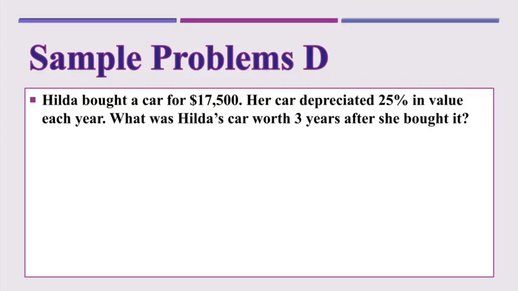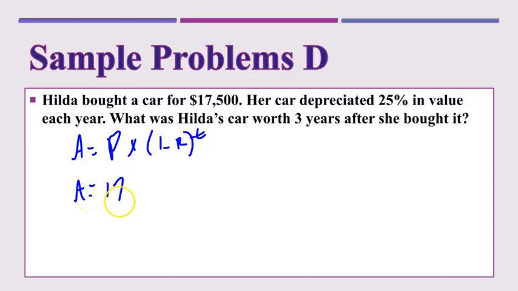So we're going to do the value equaling the principal amount, so the amount she bought it for, times 1 minus the rate raised to the t power. So the value would be 17,500 times 1 minus 0.25, and that's for 3 years.